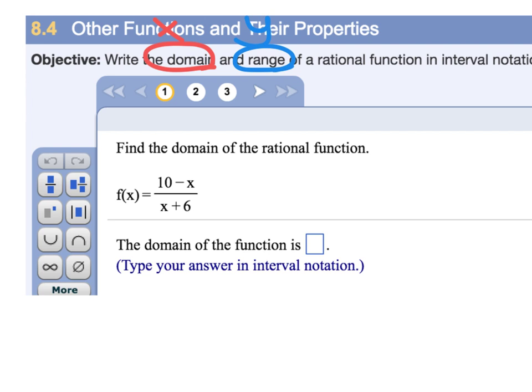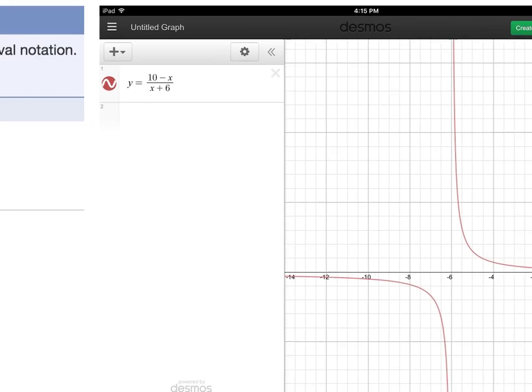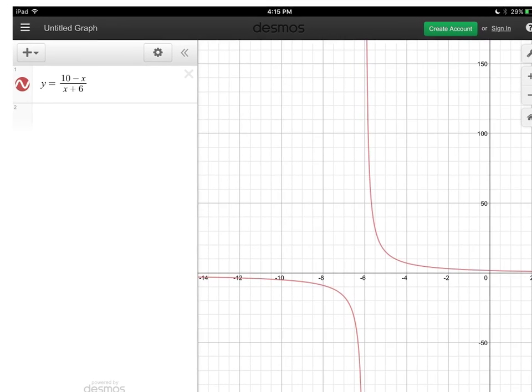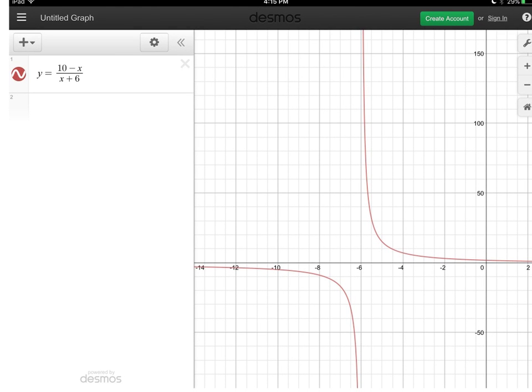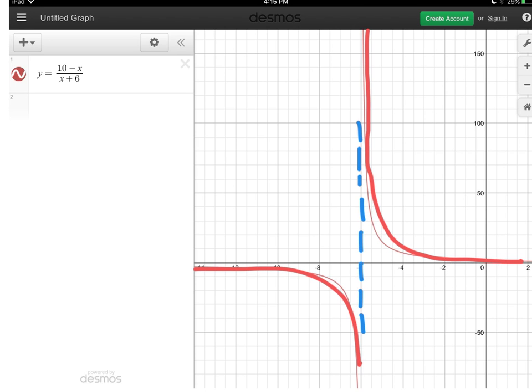So when we say find the domain of this expression, what we're saying is find all the values that x is allowed to be. When we look at the graph, you'll notice this graph is really kind of funky. You've got this curvy thing going down here, and you've got this curvy thing down here, and right here at -6, it never quite touches.